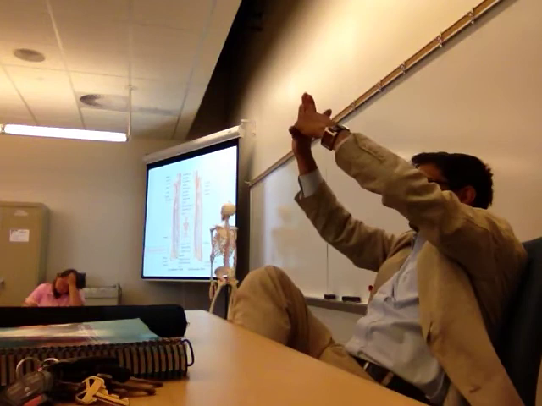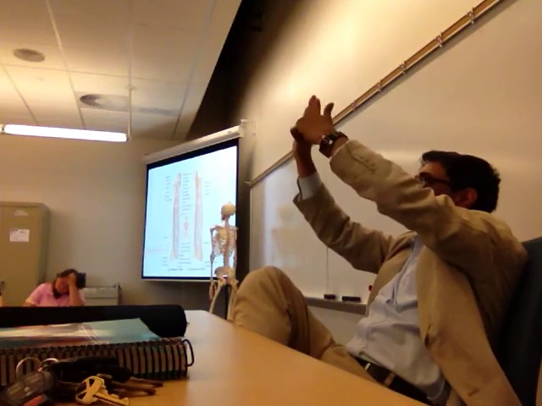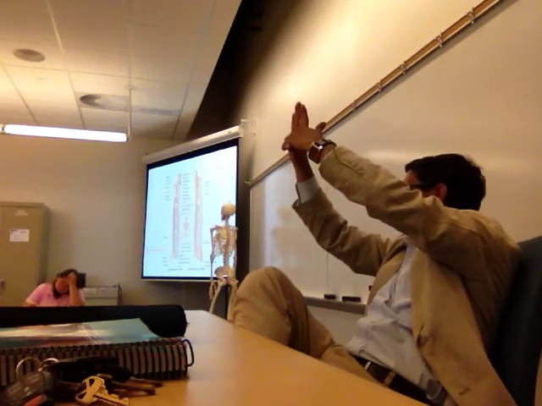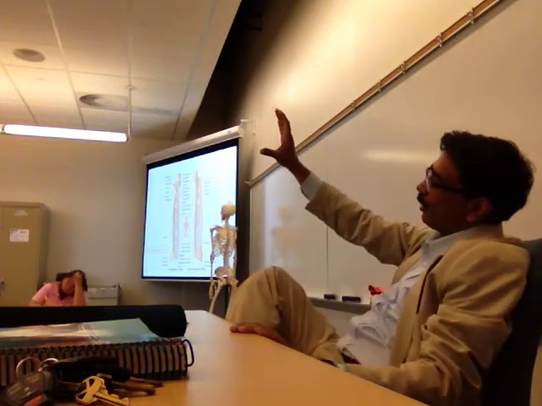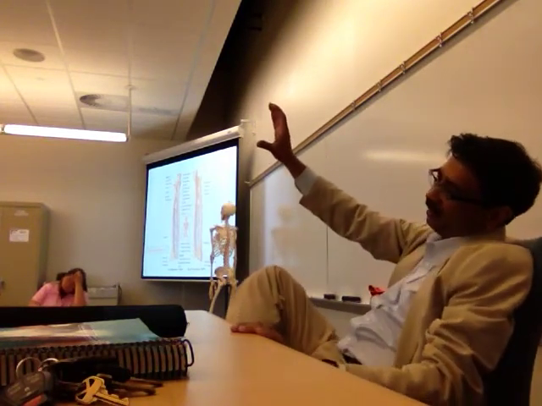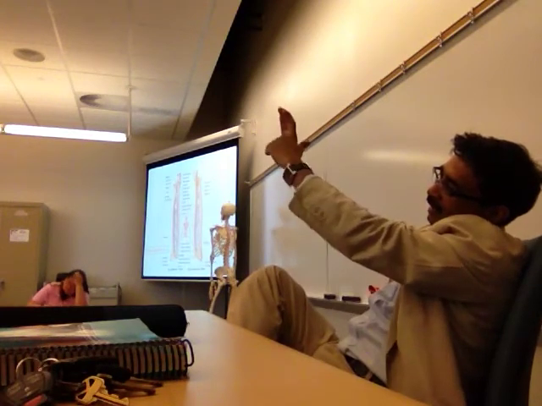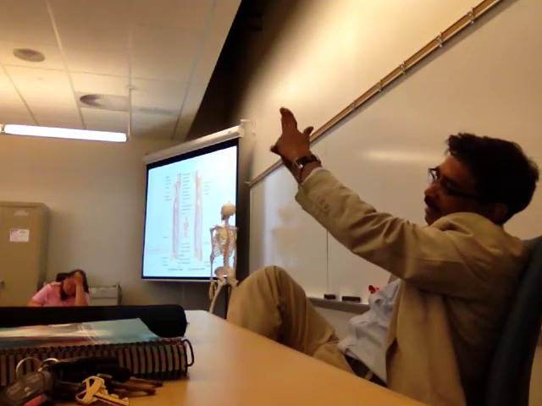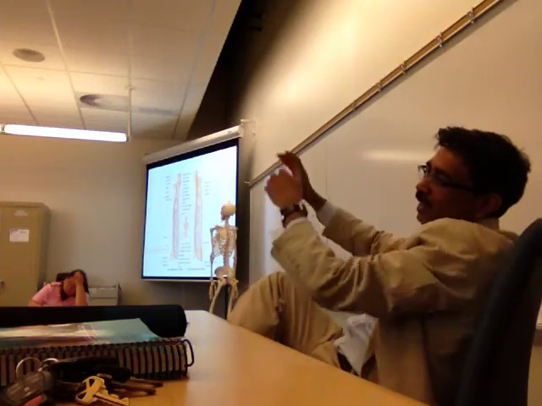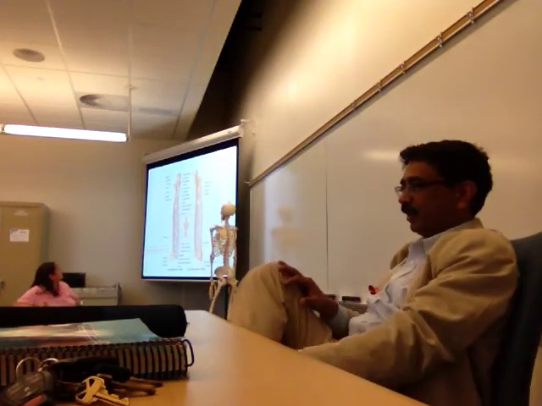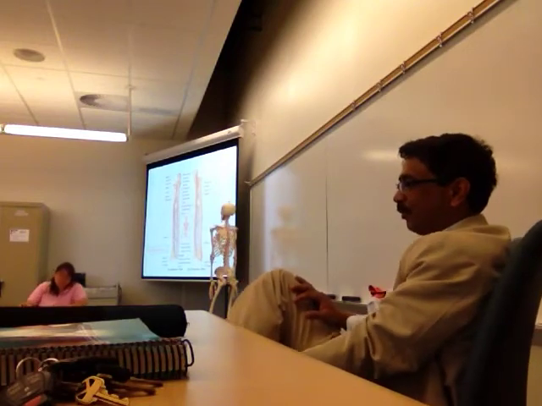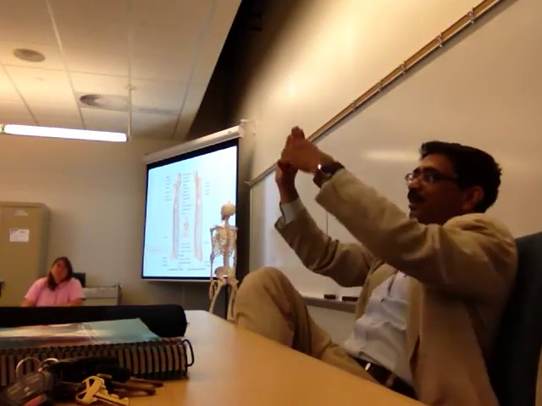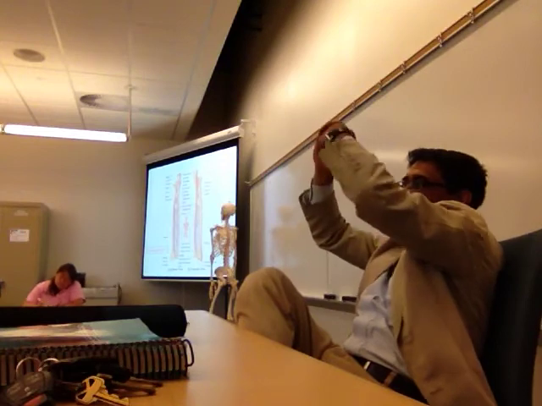Now, in between those two structures, you have the trochlear notch. Remember, notch is U-shaped area. So this is the trochlear notch. And you remember in the lower end of humerus, I showed you in the articular part, you have a round capitulum and a rectangular trochlea. So that rectangular trochlea will fit there.